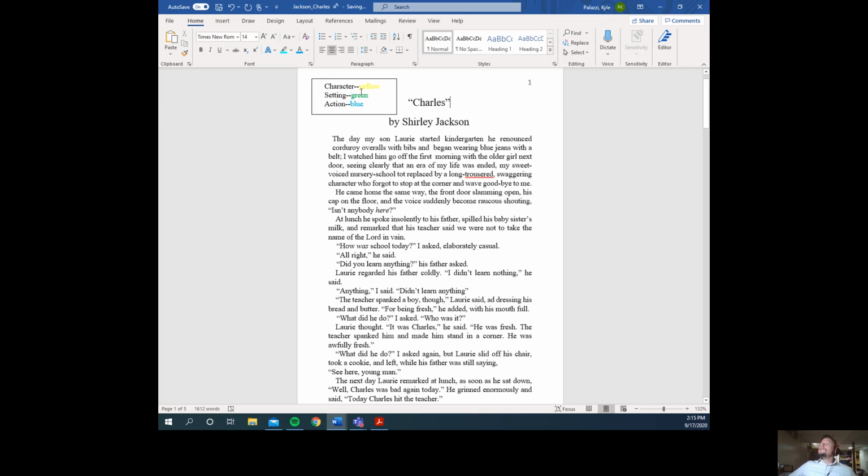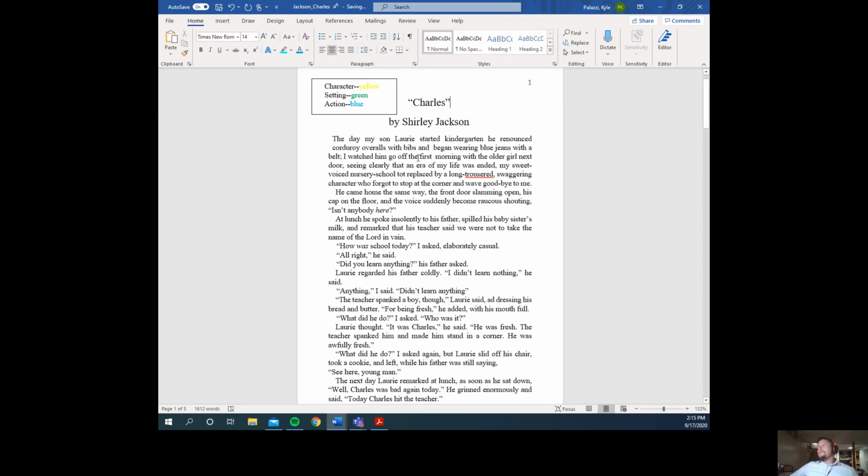And this is good to get into a habit of using, because when you reread for the second and the third and the fourth time, it's already going to be color coded. So everything that you see that has to do with the character will be highlighted in yellow, so you can quickly find it when you go to reread the text. Same thing with setting and action.